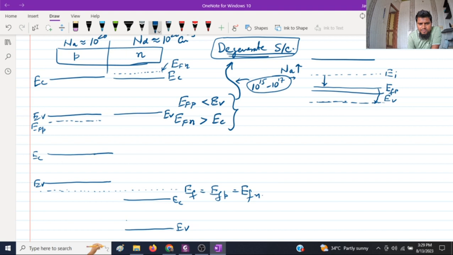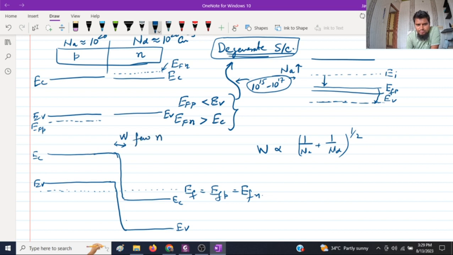Because the doping concentration is quite high, the junction width will be very small, W proportional to (1/NA plus 1/ND) to the power 1/2. This junction width is a few nanometers, in fact less than 10 nanometers.